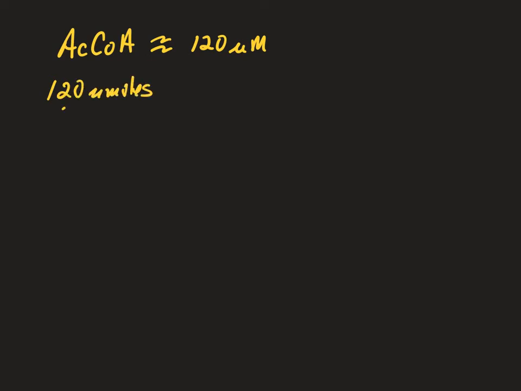Okay, if we look at some other molecules associated with mitochondrion, acetyl-CoA, for example. I found an estimate that said acetyl-CoA concentrations are about 120 micromolar in a mitochondrion. So that's 120 micromoles per liter. 1 mole is 1,000,000 micromoles.